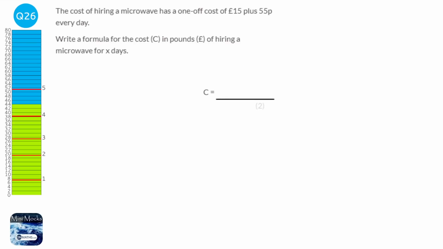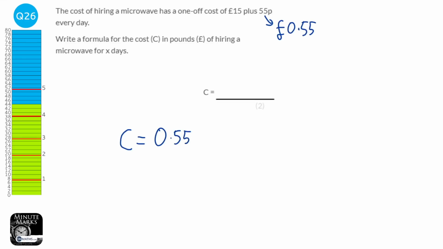So we're looking to write a formula for the cost in pounds of hiring a microwave for X amount of days. So the cost is C, so it's going to be C equals, and it says it's going to be 55 pence a day. Now, it wants the answer in pounds, so we need to convert this 55 pence into pounds. So that's going to be 0.55. And it's going to be 0.55 times the amount of days.